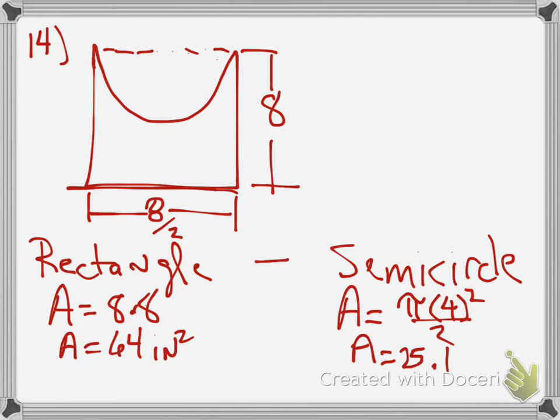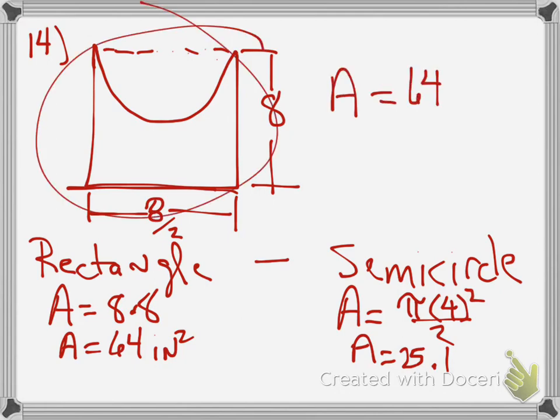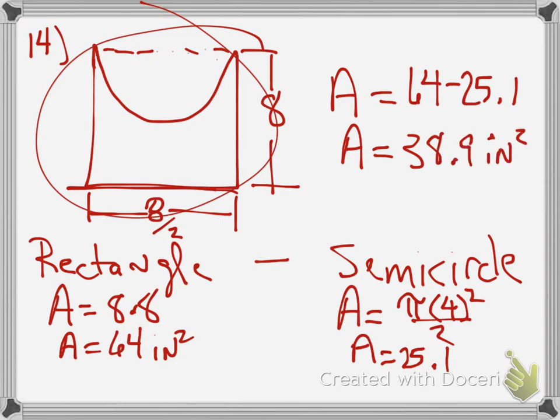So then I would find my total area: 64, because that's this area, minus the 25.1. That would give me an area of about 38.9 square inches. Okay? And that would be your answer. So you just have to recognize what the shapes are, add, subtract, that type of thing.